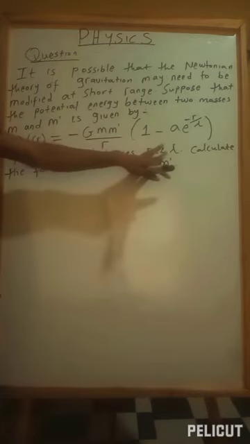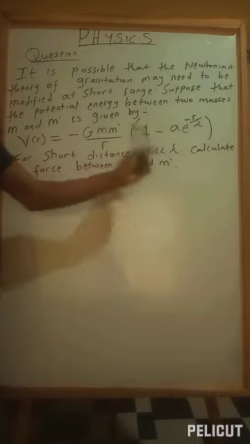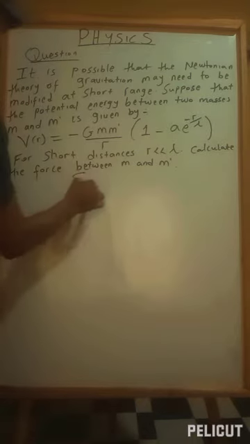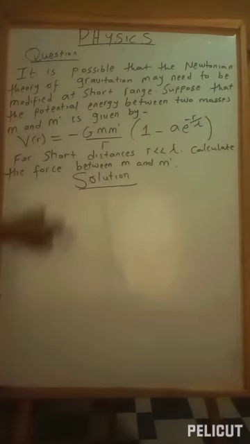So the question says we should find the force, provided that r is much less than lambda. That means r is very small compared to lambda. Like I said, we don't need to bother ourselves with the notation. So the question you need to ask yourself is, how do you obtain a force given a potential function?